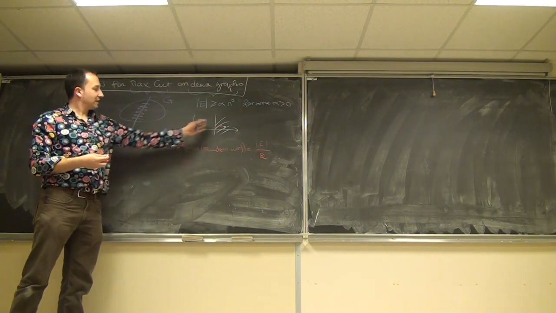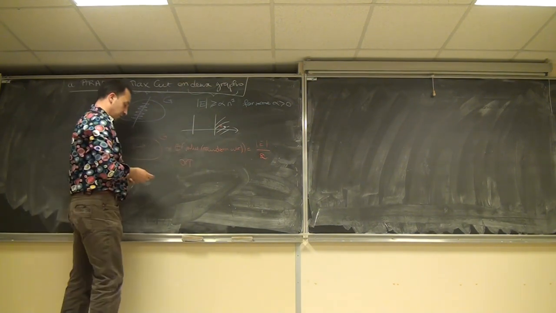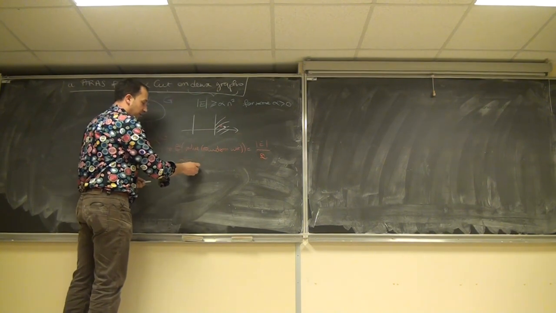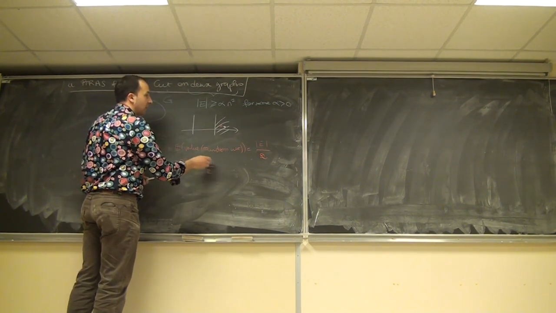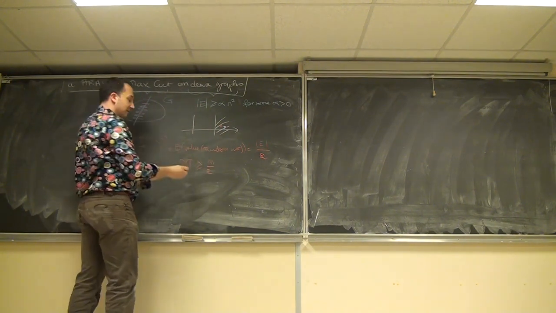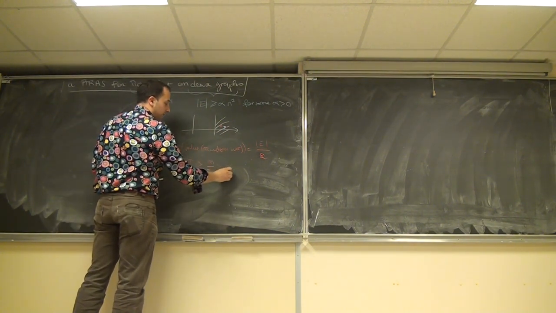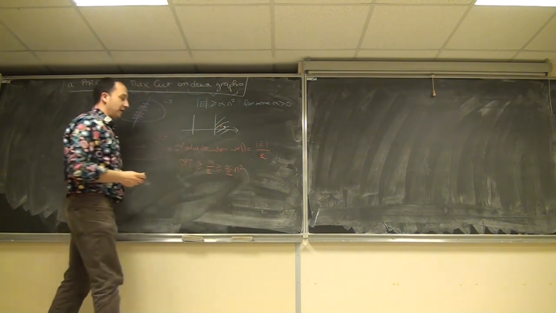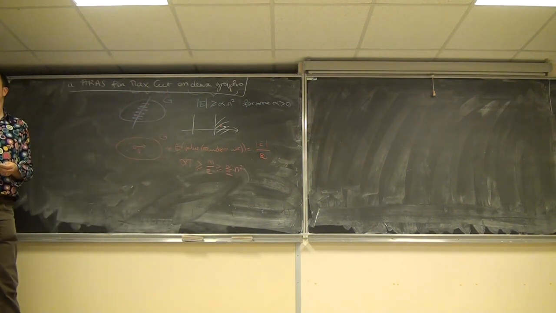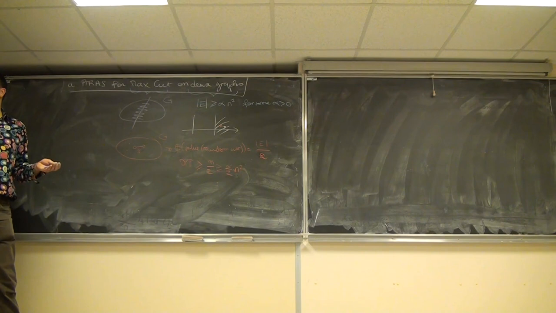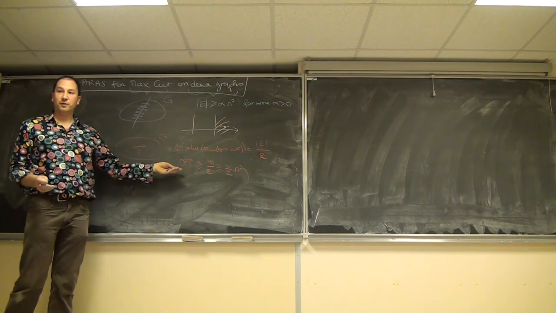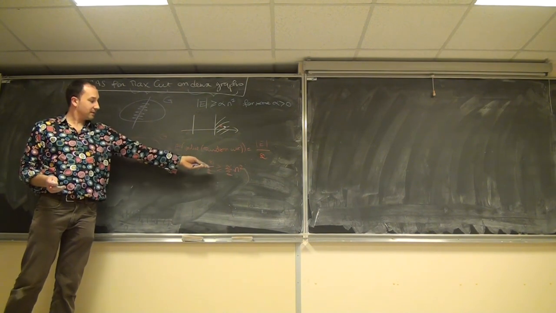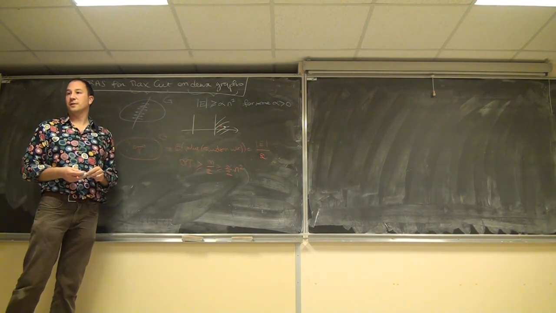So the optimum is at least the expected value. So you know from this algorithm that opt is at least m over 2. And in the case of dense graphs, this means that opt is at least alpha over 2 n squared. Whatever the graph is, if it's a dense graph, the size of the max cut is at least alpha over 2 n squared.